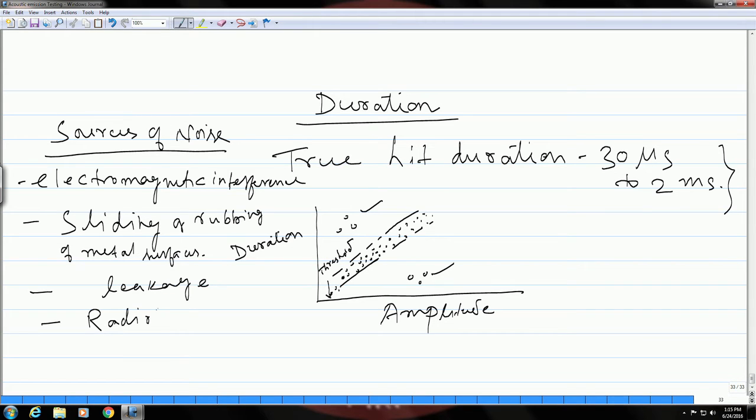So, it could be electromagnetic interference or radio interference, and this kind of signals will typically have a larger duration compared to the duration of an acoustic emission signal coming out from defects.